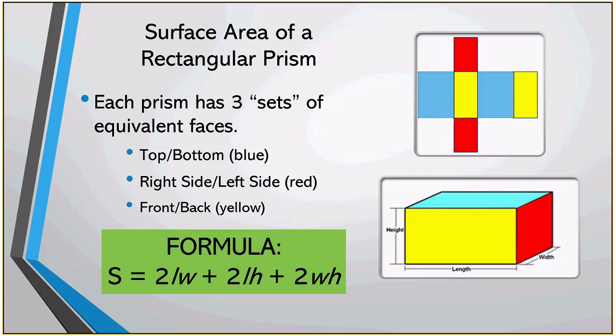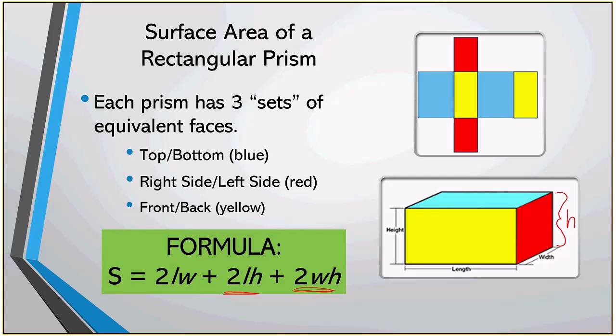So what's important to recognize here about length, width, and height of a rectangular prism is that, if you look at this yellow side, it's length times height. Okay, so that's here. There are 2 of those. If you look at the red side, it's width, and remember that this is height. So if we do width times height for the red side, then that's here.